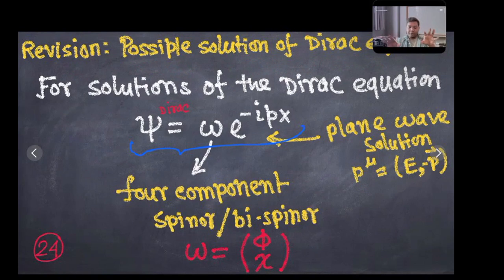One part represents the four-component spinor, or bispinor, where the corresponding algebra is Clifford algebra. The other part represents the plane wave solution and how the energy and momentum change when the particle has some specific dynamics in space-time. So this part is the plane wave solution, and the omega part represents the four-component Dirac spinor.